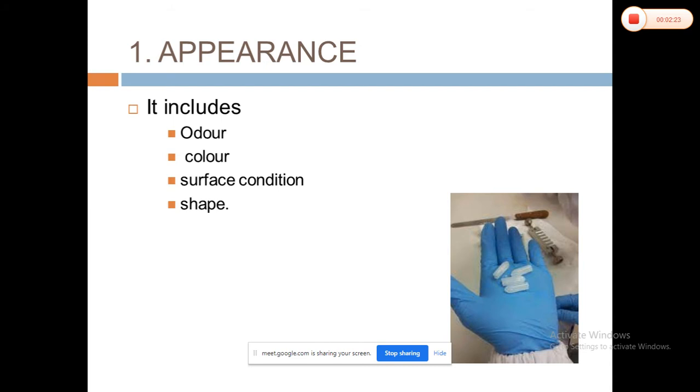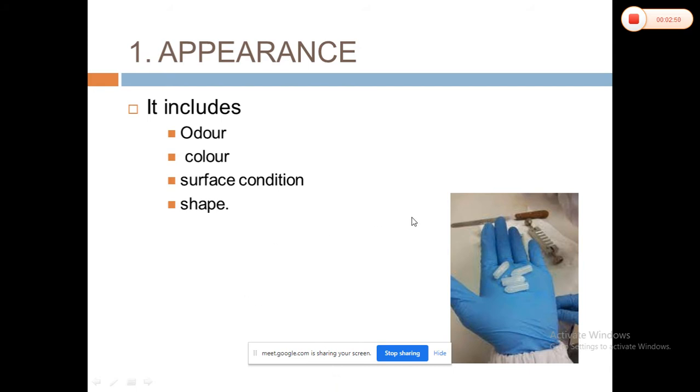This is the preliminary test to check whether your formulation is uniformly prepared, and whether the API that you have incorporated is properly dispersed in the suppositories or not. This is our first quality control test that you have to perform.